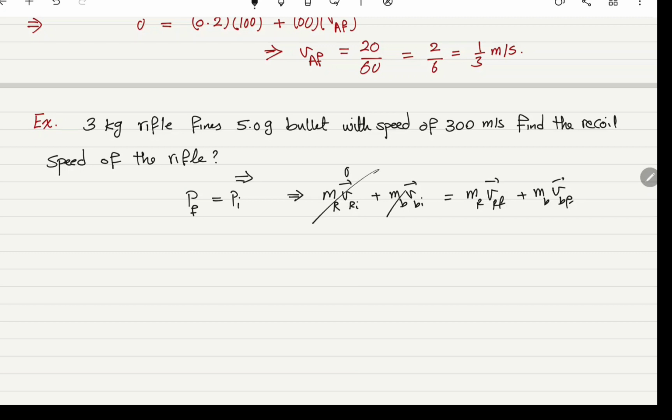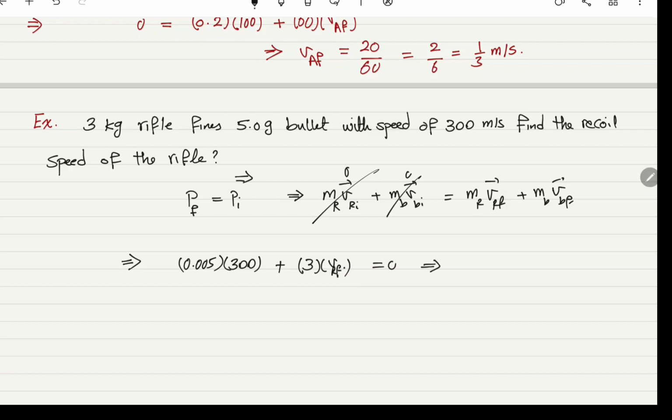So this one is 0 and this one here is equal to 0. In other words, 0.005 times 300 plus 3 times V rifle final equals 0.